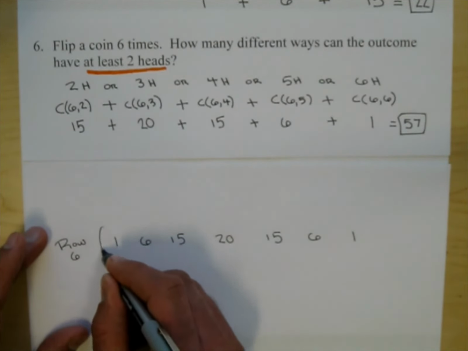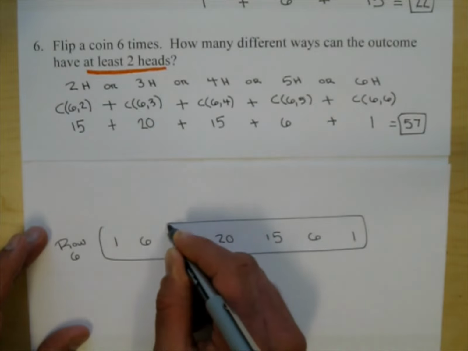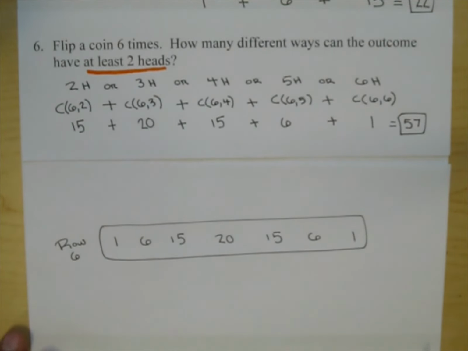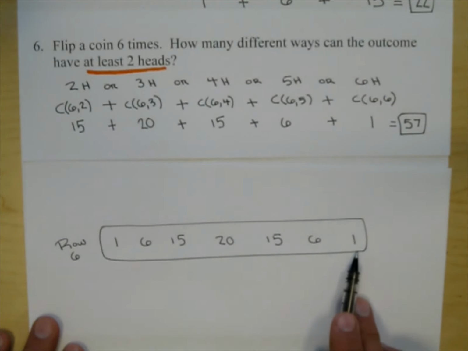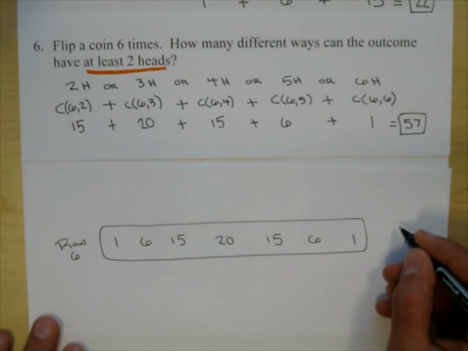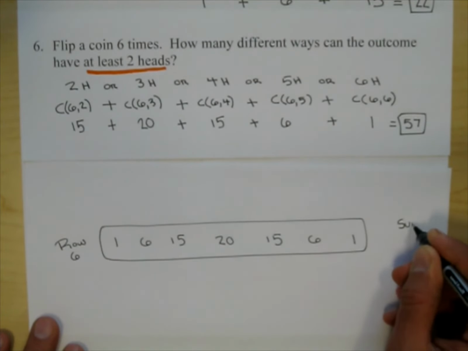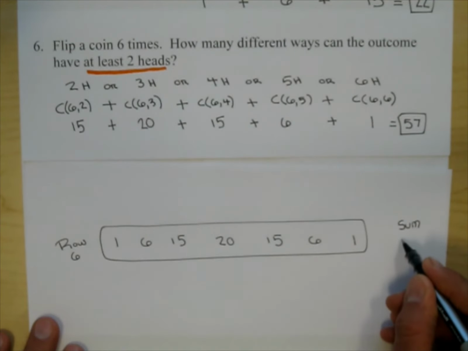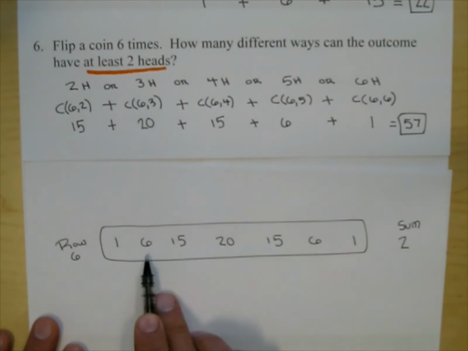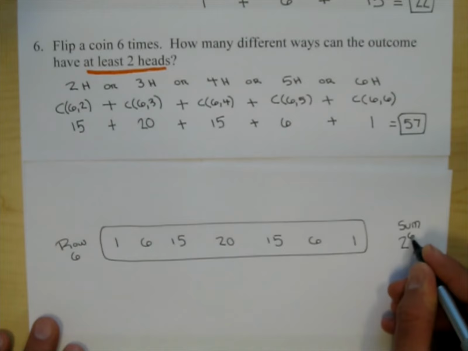Now remember when we first did Pascal's triangle, I may have said this in a lecture. The row of any Pascal's triangle adds up to a sum of 2 to the row number, 2 to the 6th.